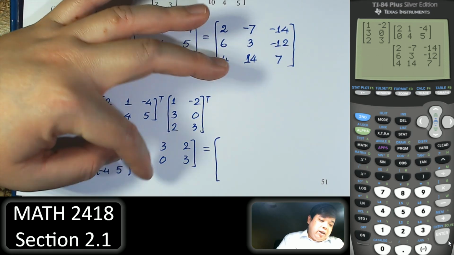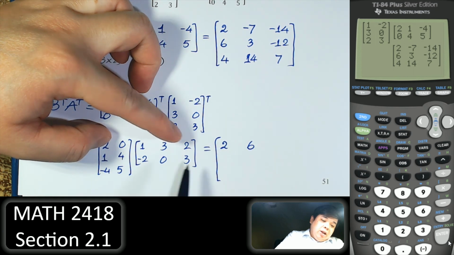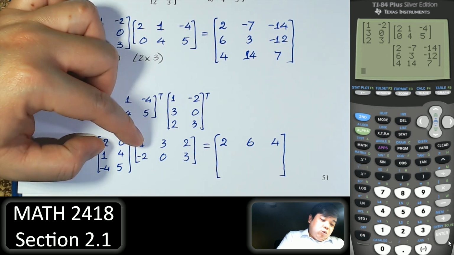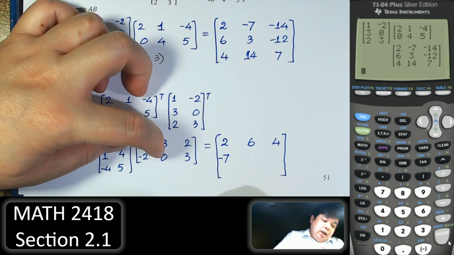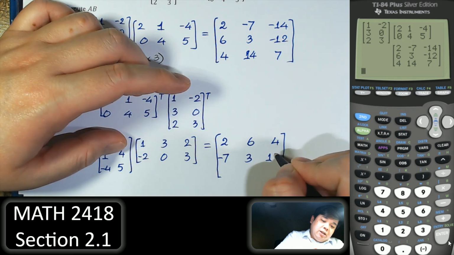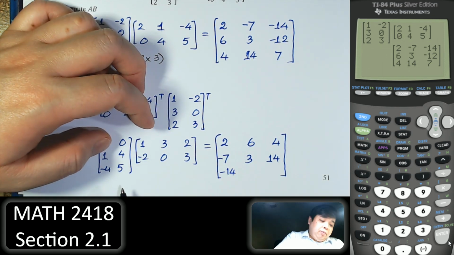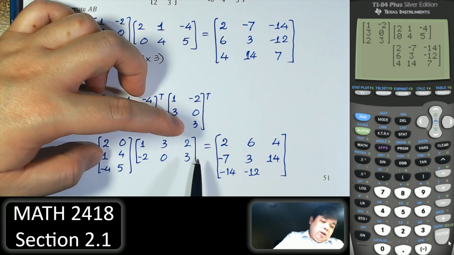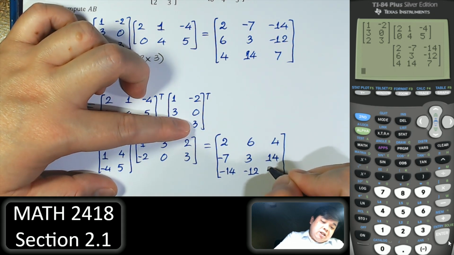Multiply: 2 times 1 is 2, and that's 0. 2 times 3 is 6, and then 0. 2 times 2 is 4, and then 0. 1 times 1 is 1, minus 8, 3, and 0. 1 times 2 is 2, and 12, that's 14. -4 times 1, -4, -10, -14, and -12. -4 times 2, -8 plus 15, that's 7.